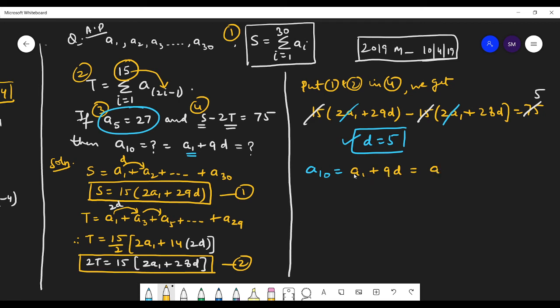नहीं, a1 नहीं, a5 का यूज करना है, तो क्या हम इसको ऐसे भी तो ले सकते हैं, a5 और a5 के बाद कितने d ऐड करेंगे कि हम 10 तक पहुंच जाएं? 2D. नहीं, कितने d ऐड करेंगे हम, कितनी बार a5 से a6 a7? अरे बेटा a10 लिखना है ना. a5 आपको गिवन है और d भी आपको पता है. a5 कितना गिवन है आपको? 27. तो यूज करो ना इसका.